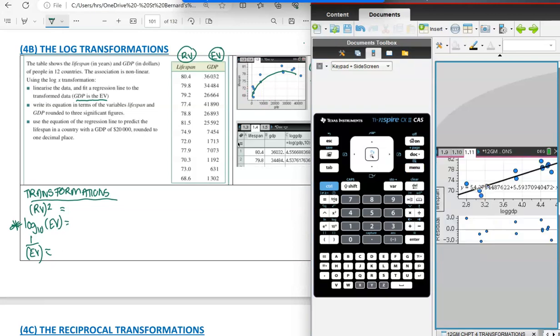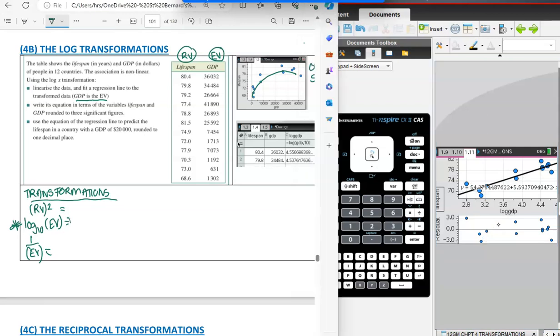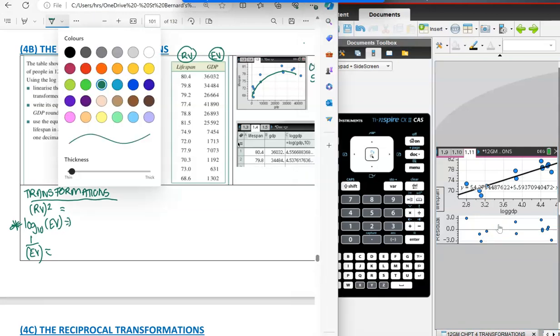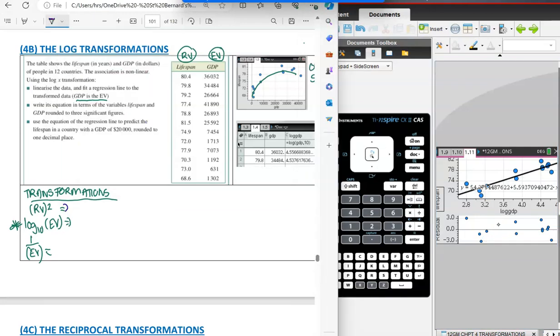Okay, you can see it's random. So we might write on here, for the previous one, residual plot equaled pattern, so it was still non-linear.